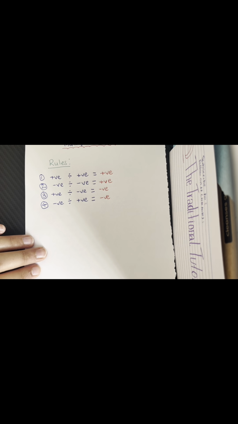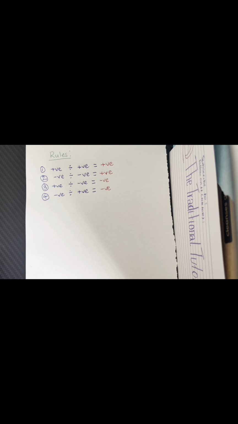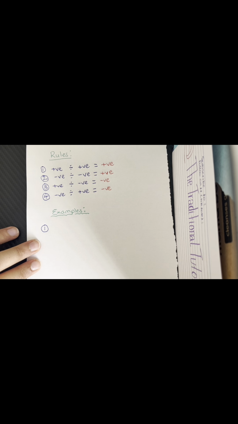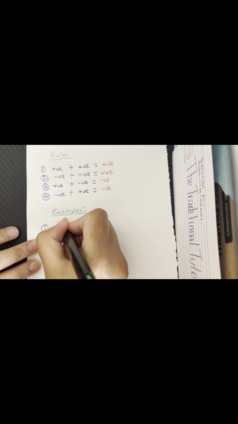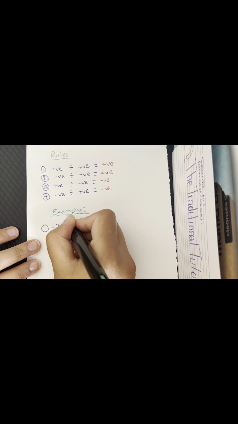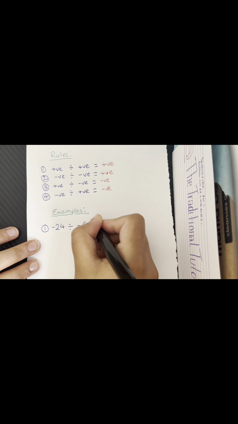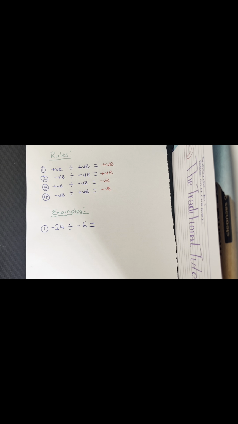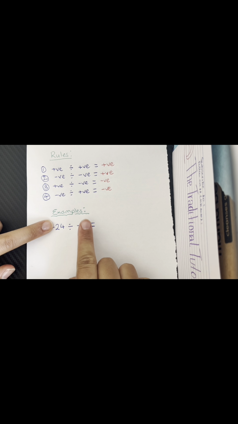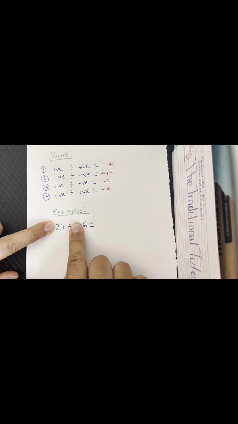And now we'll take a look at applying these rules to some examples. So example 1, we'll take a look at when we've got two of the same signs, so negative 24 divided by negative 6, okay? And like I mentioned in the multiplication examples, if we just kind of ignore our negative signs, okay, and just take a look at our numbers, that can help us to make a start, okay?